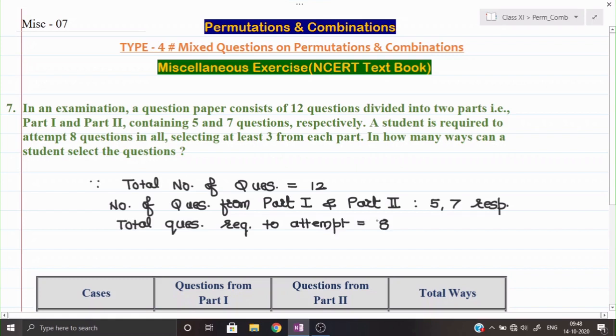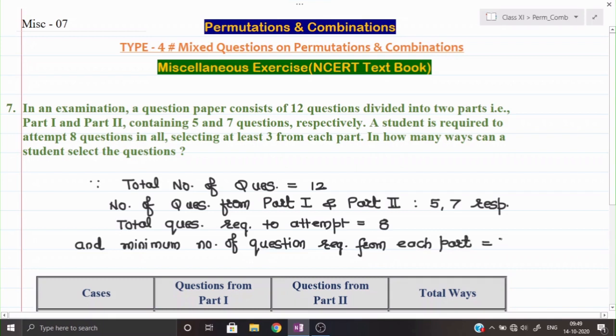And the minimum number of questions required from each part, how many questions required from each part, that also we shall mention. That is equal to 3. Minimum number of questions required from each part will be 3.